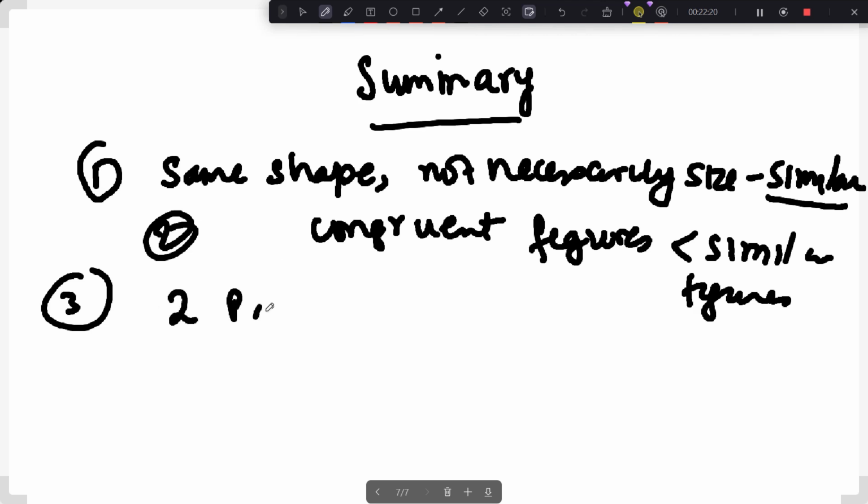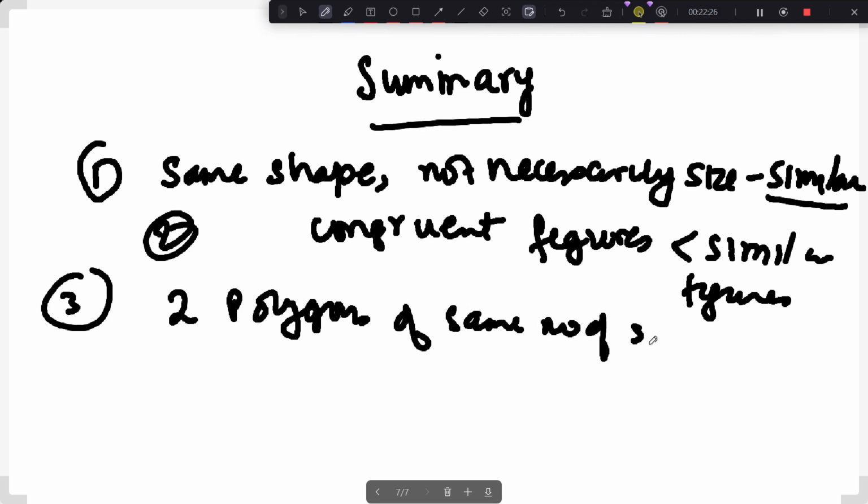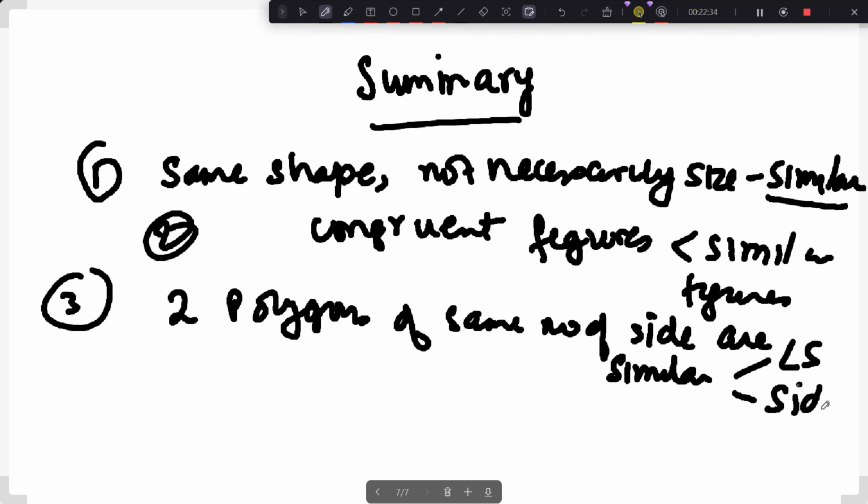Two polygons of the same number of sides are similar when what? Corresponding angles are equal, and corresponding sides are in the same proportion.